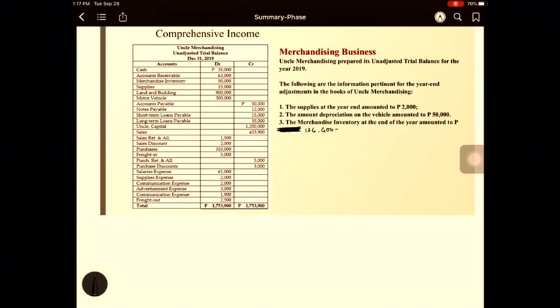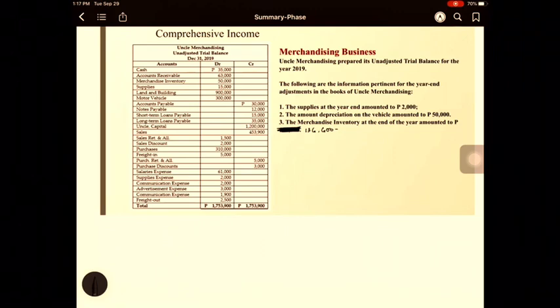Okay, so let's move on in answering another problem. But this time we are going to prepare now an income statement for a merchandising type of business. Okay, now we may be allowed already to apply either of the two forms of income statement, therefore the nature of expense and your function of expense method.